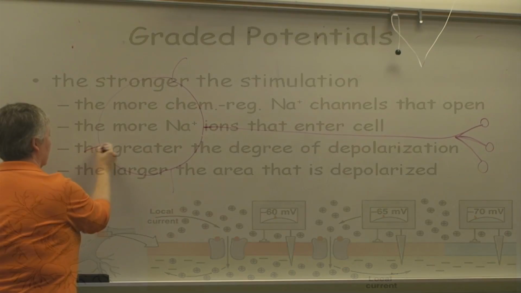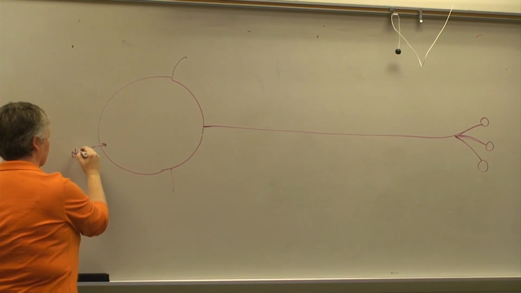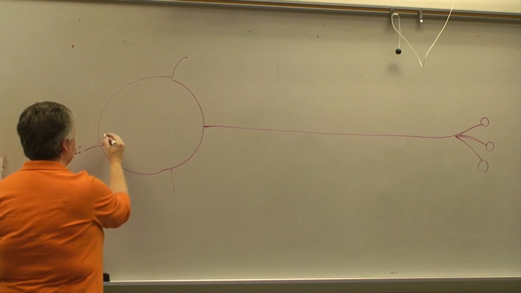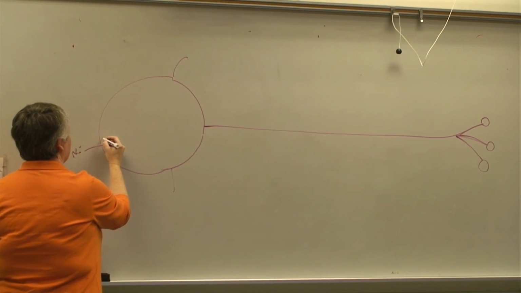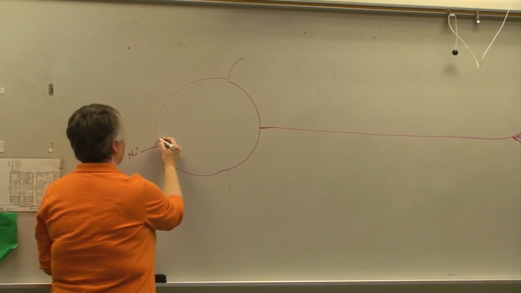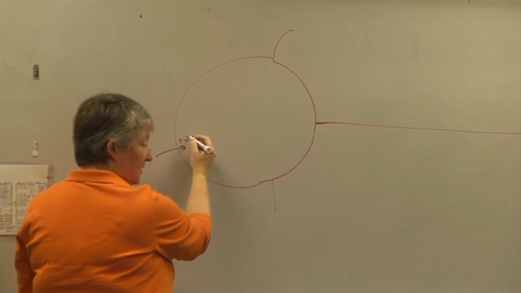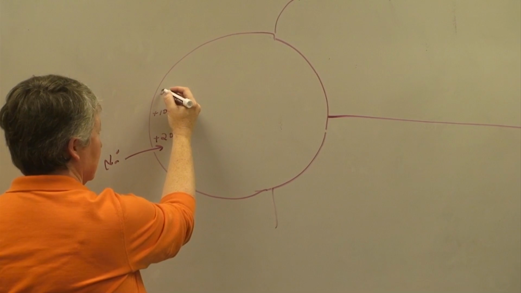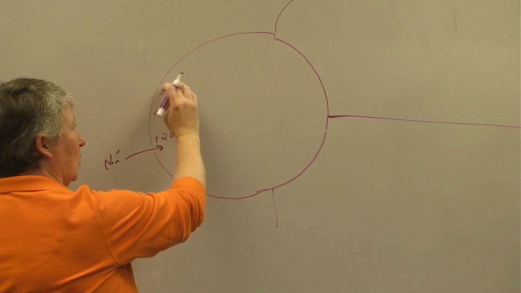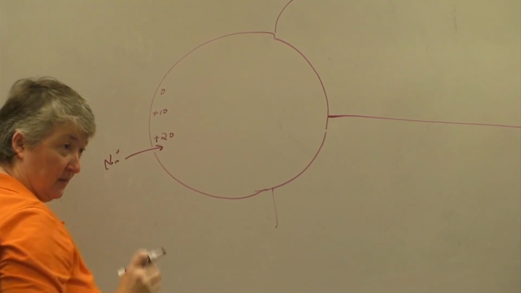If this sodium channel opened and sodium rushes in right there, then I might have, let's see, it started at minus 70, right? So I might go from minus 70 to plus 20. But out here, I might only go to plus 10. And out here, I might be at 0. And so the further you get away, the smaller the effect. That's what that's saying.